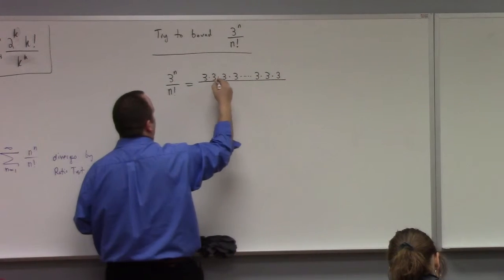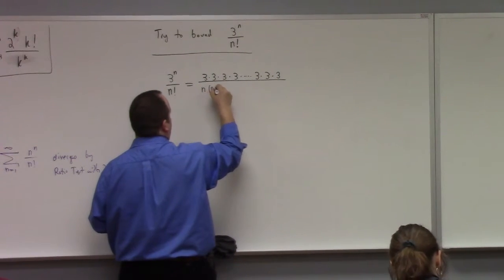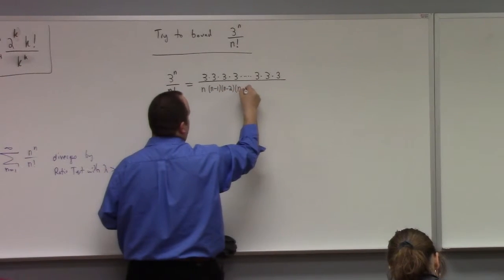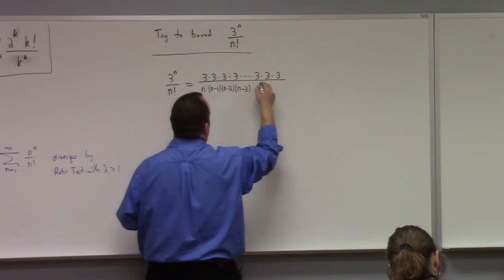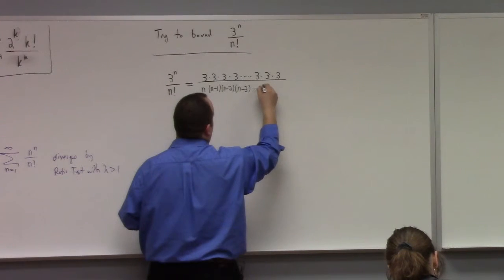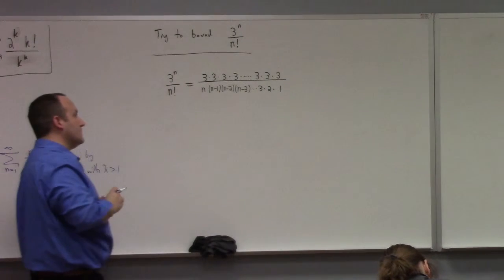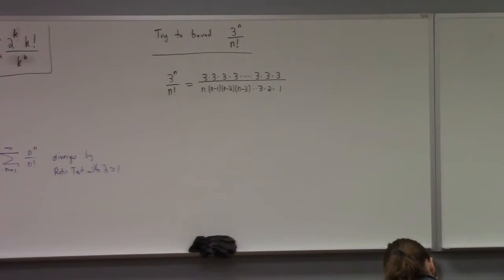And then downstairs I've got what? I've got n minus 1, n minus 2, n minus 3, 3 times 2 times 1. It is 2 to the n, I'm working a related but different problem. But if you understand the steps I'm doing here, problem 70 should be a breeze.